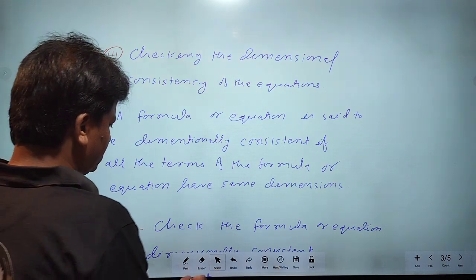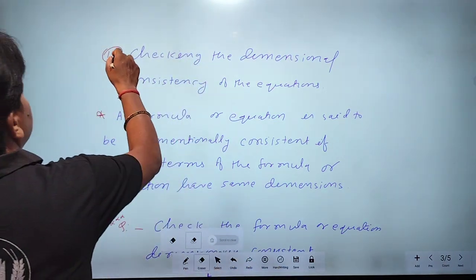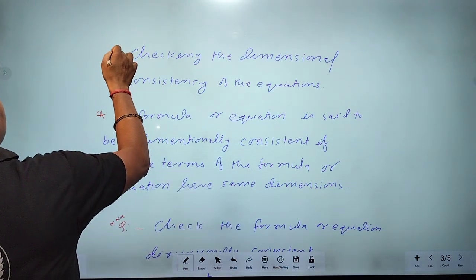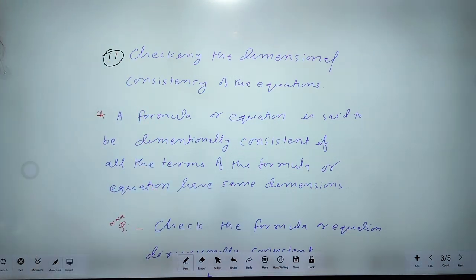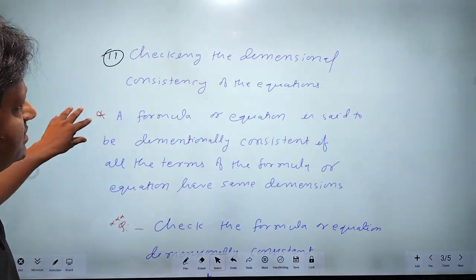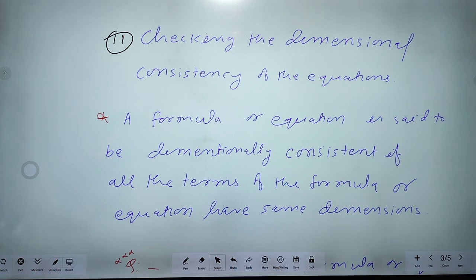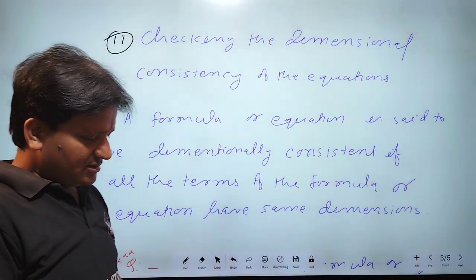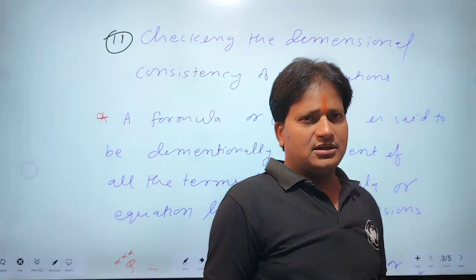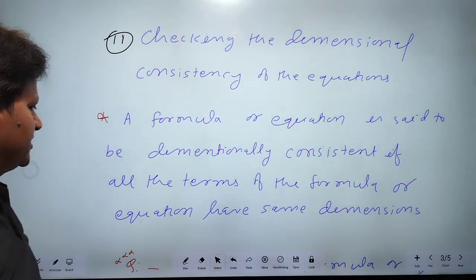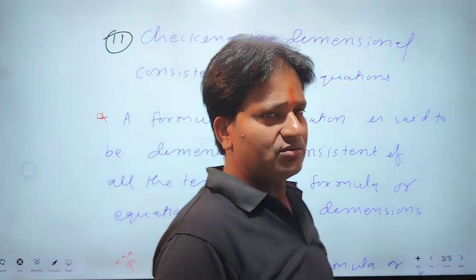This is not the second, this is the third. Sorry, this is the second use. Now I am going to discuss the second use of dimension: checking the dimensional consistency of equations. Any equation, whether it is dimensionally consistent or not, you can check here.